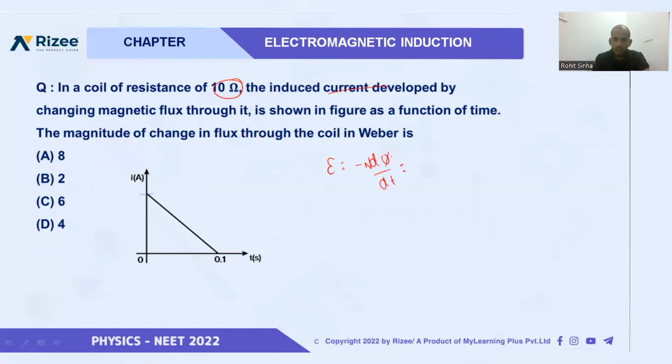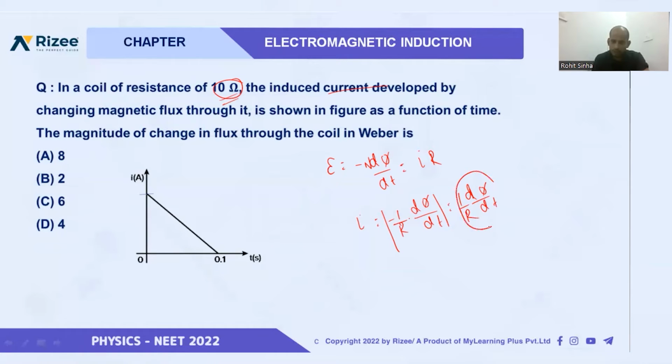And also in terms of resistance, we can say it is equal to I into R, Ohm's law. So what is I? It is equal to 1 by R into n, which is 1, d phi by dt. Taking mod here, we get d phi by dt times 1 by R.